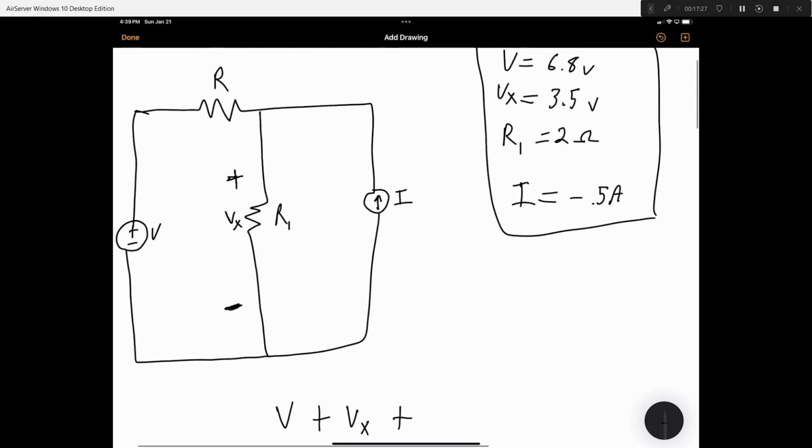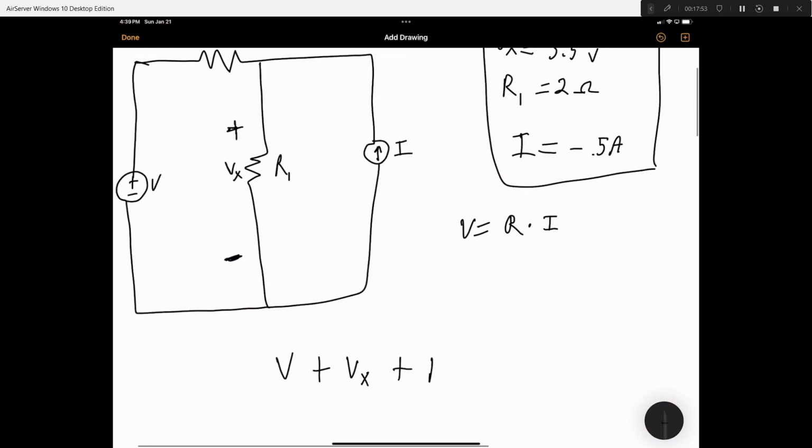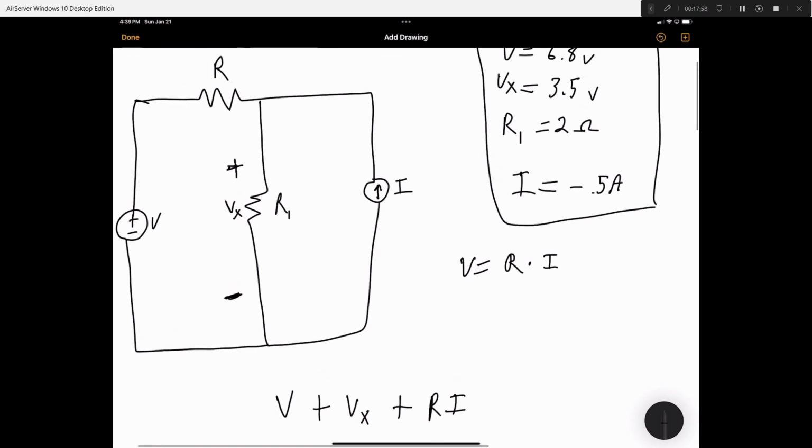What is resistance equal to? What is R? How do we sub that in? Well, voltage is equal to R times I. So if we can find Ri, we can solve for R plus Ri. That is equal to voltage. If we can find the current traveling through, we can find R.